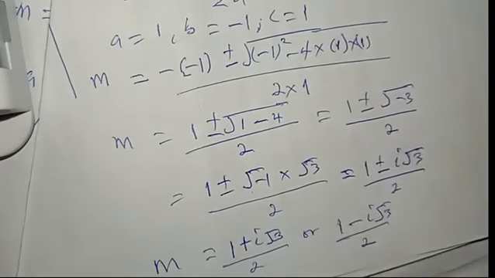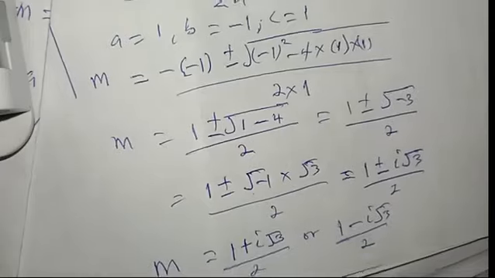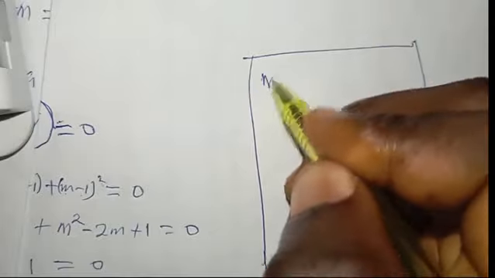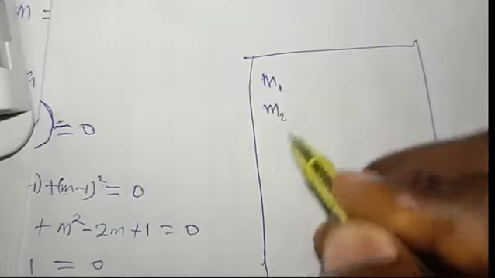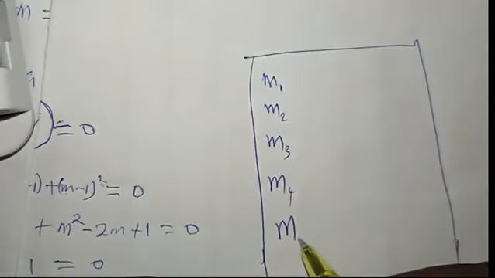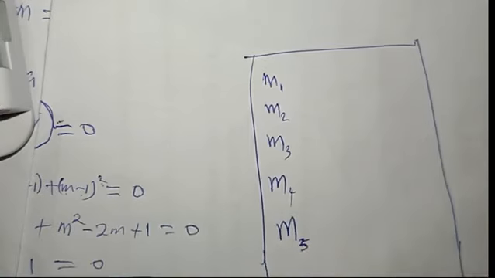Okay, so these are just the values of m which we've gotten, and of course I can go ahead and highlight all of them here. So I'm going to put that in this rectangle over here. So we've gotten m1, m2, m3, m4, and then m5. Okay, so let me label them that way.